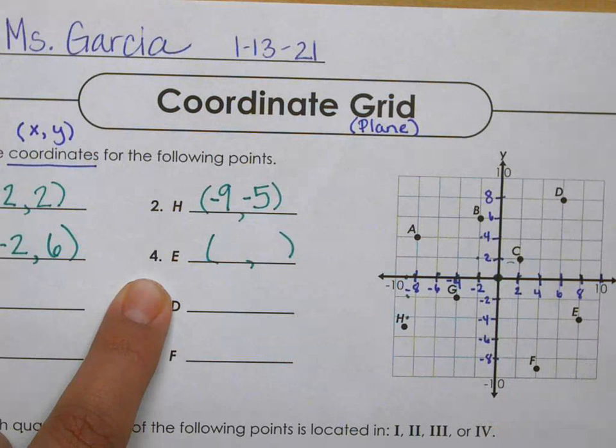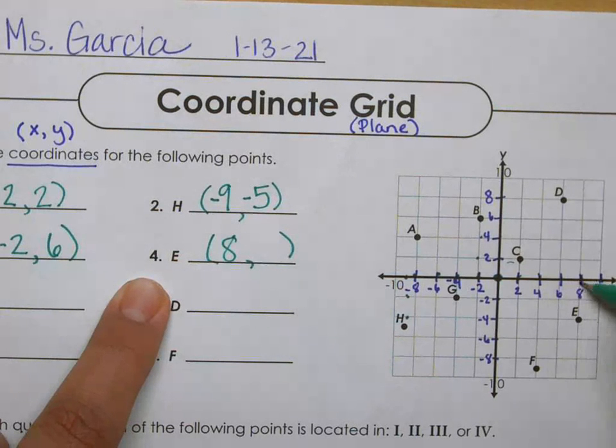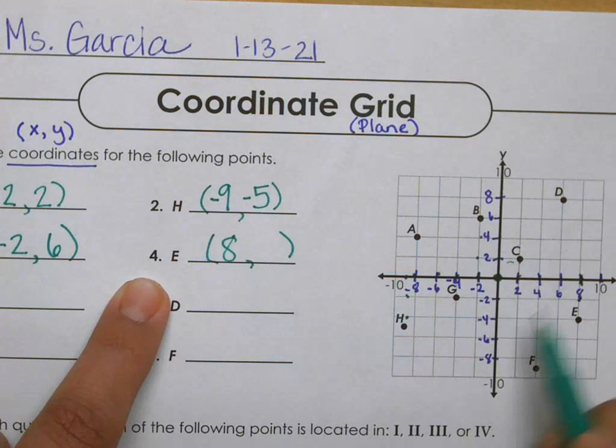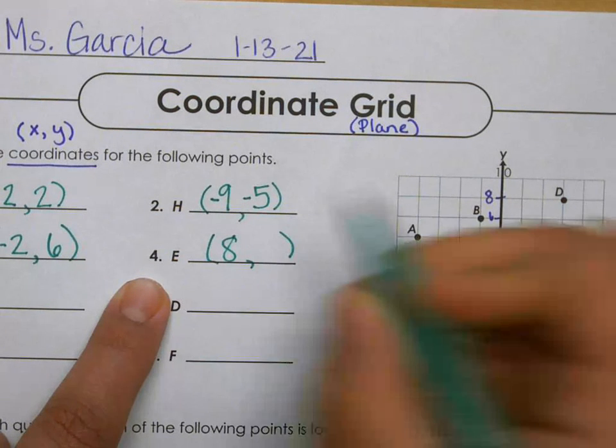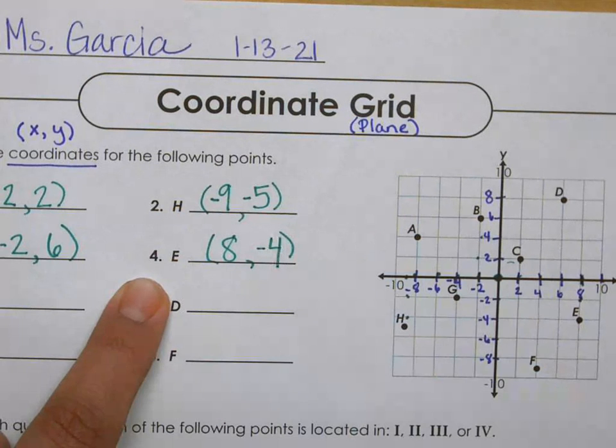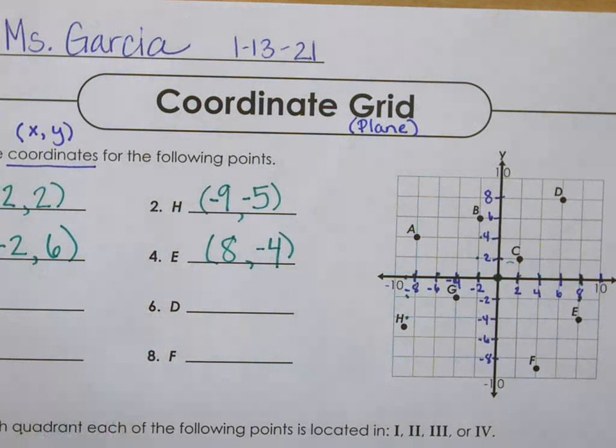That's right in line where E is going to be. So my x-coordinate is 8. Now I need to go down to get there on my y-axis. So I'm going to go down 1, 2, but that's actually counting -2, -4. So it lines right up with -4 on my y-axis. Okay, so I end up with +8 and -4 as my coordinates.